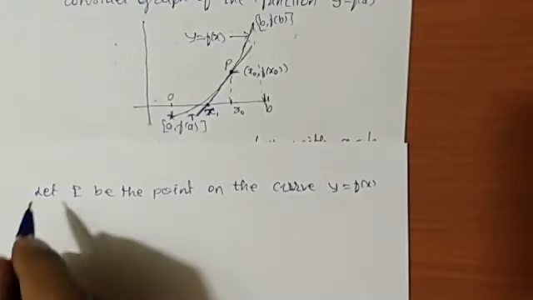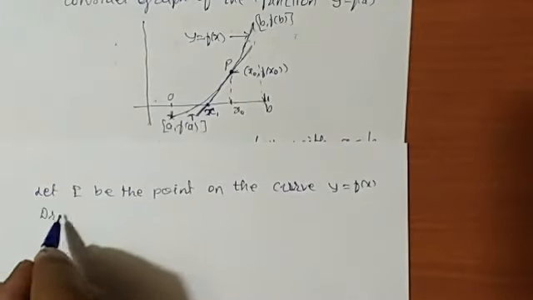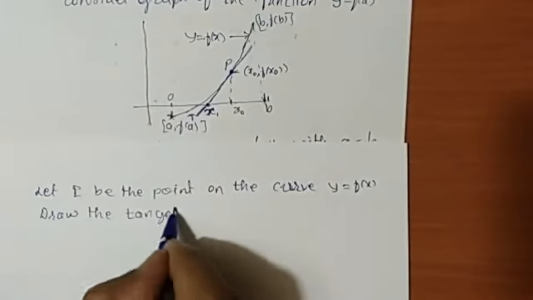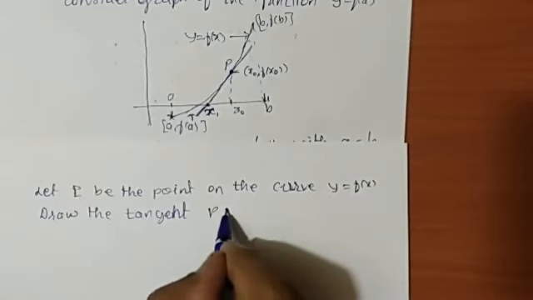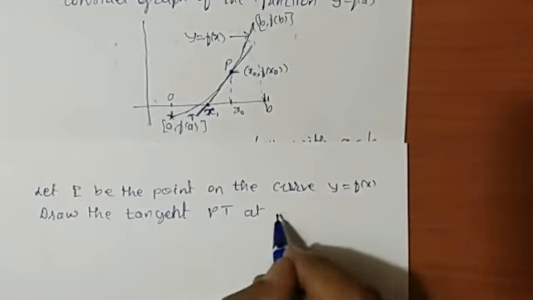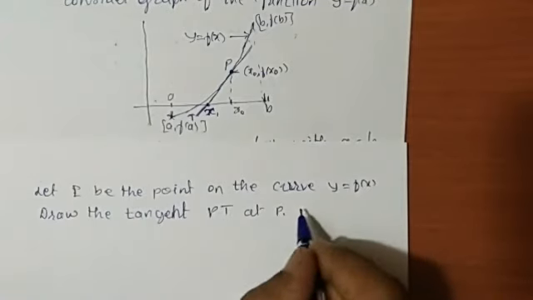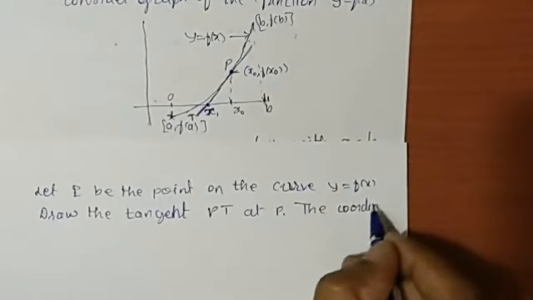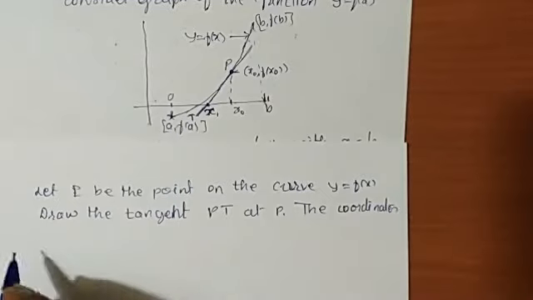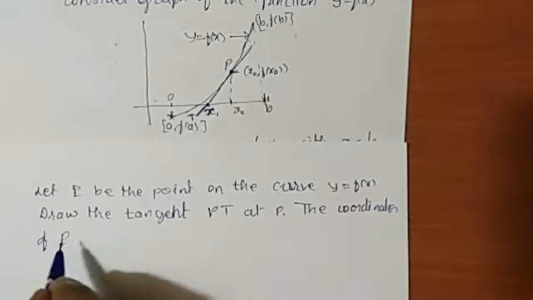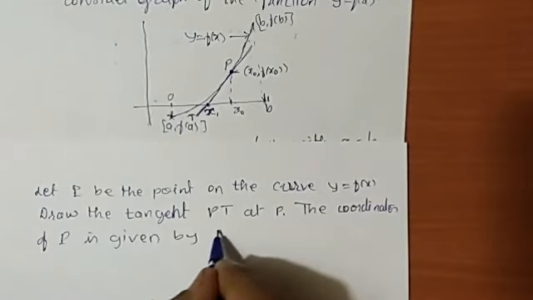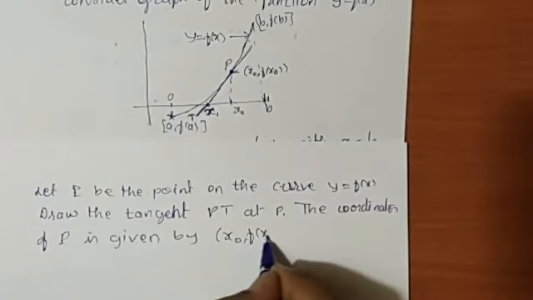Now draw the tangent PT at P. The coordinates of P is given by x naught, f of x naught.